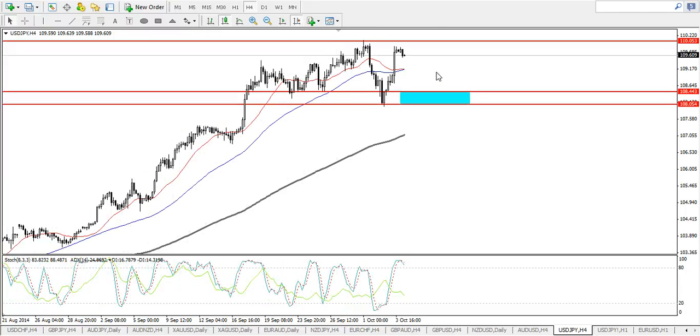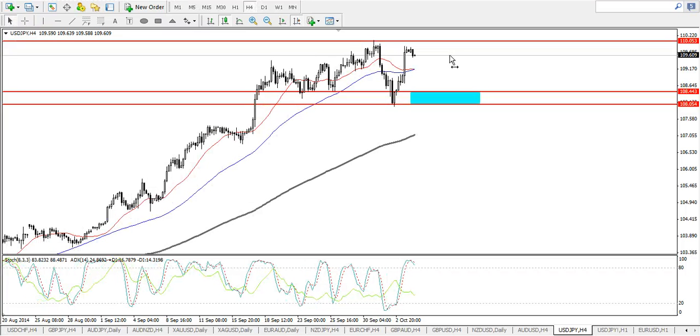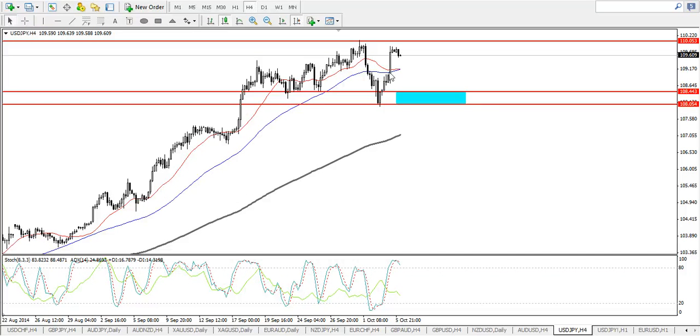However, that itself did not help to bring the price higher or to break above 110, and therefore price is still below 110, and we are seeing that price is about to retrace.